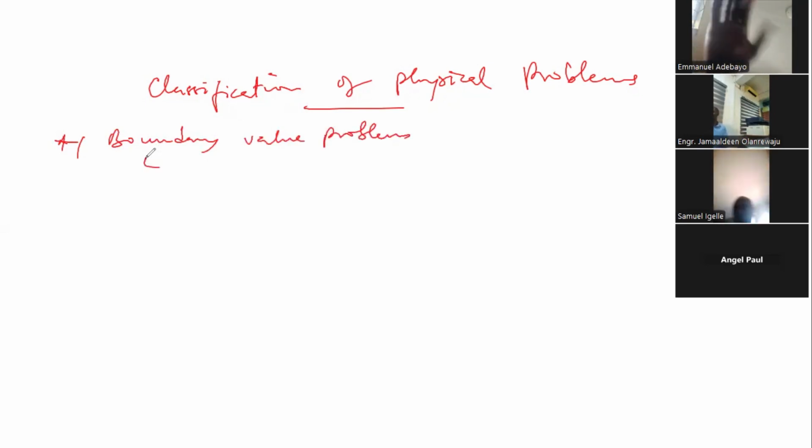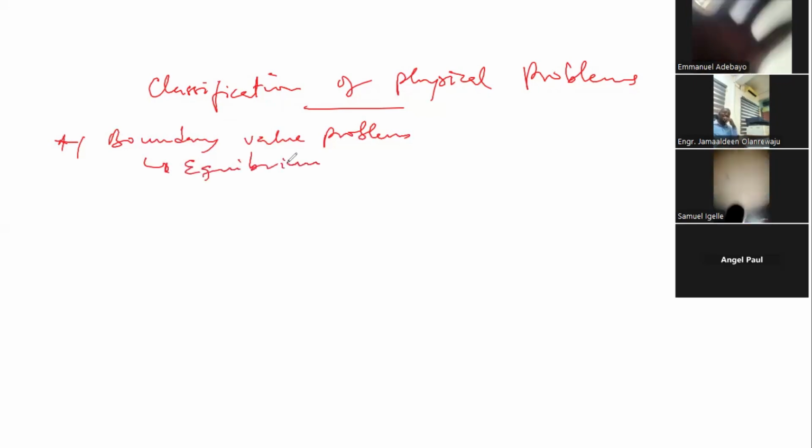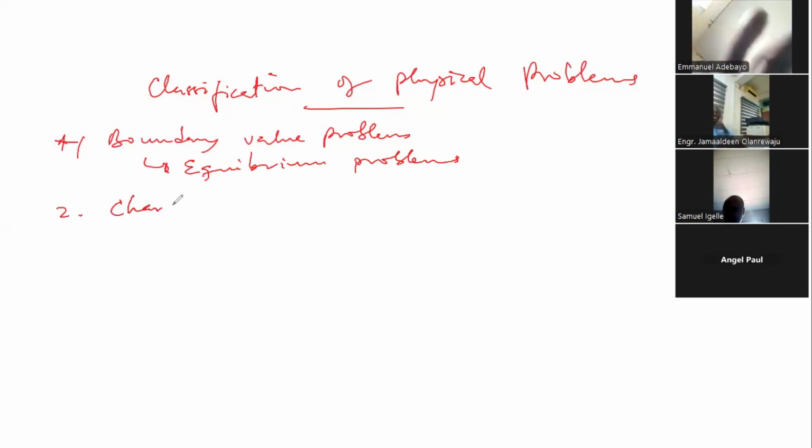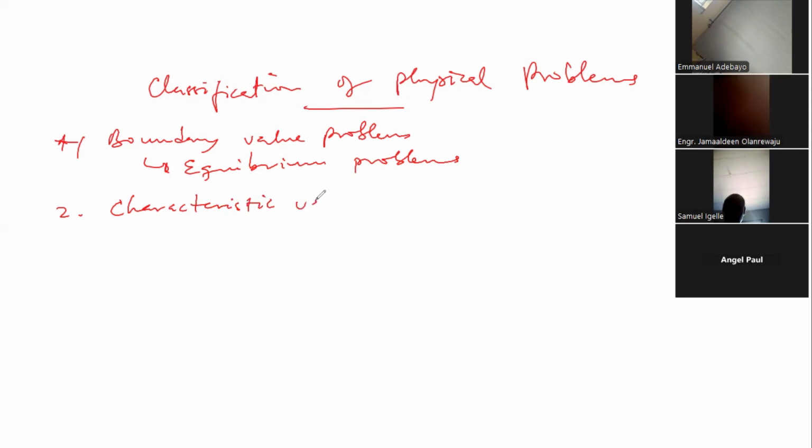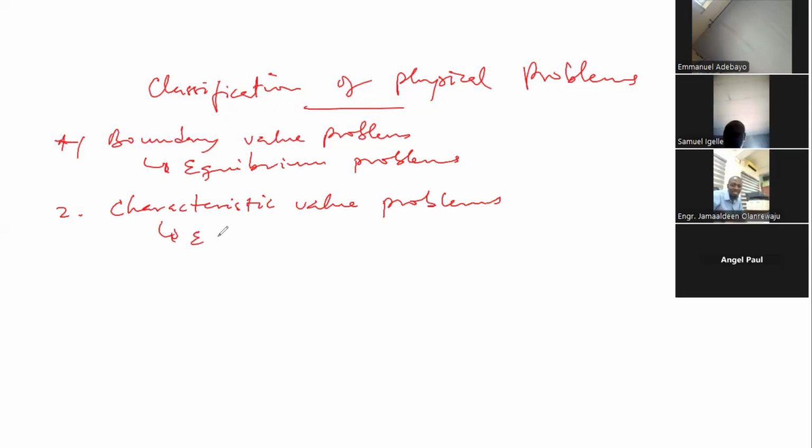And these problems are usually referred to as equilibrium problems. We also have a class of problems we call the characteristic value problems. We also call them the eigenvalue problems.